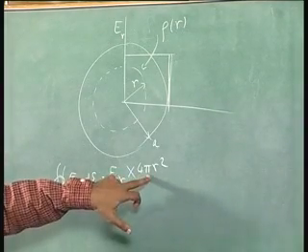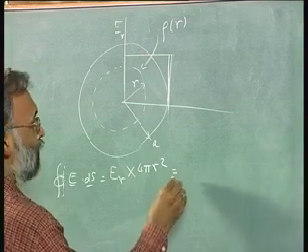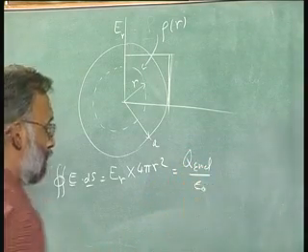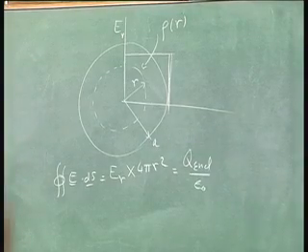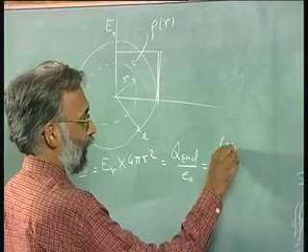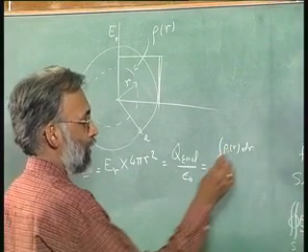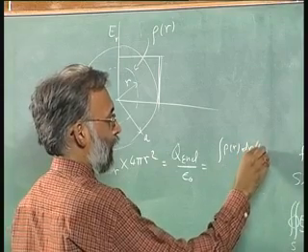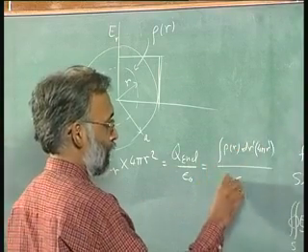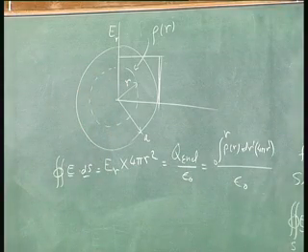This is the surface area, this is the radial electric field, and it is equal to the charge enclosed divided by epsilon naught. What is the charge enclosed? It is nothing but integral rho of r prime times 4 pi r prime squared dr prime, divided by epsilon naught.